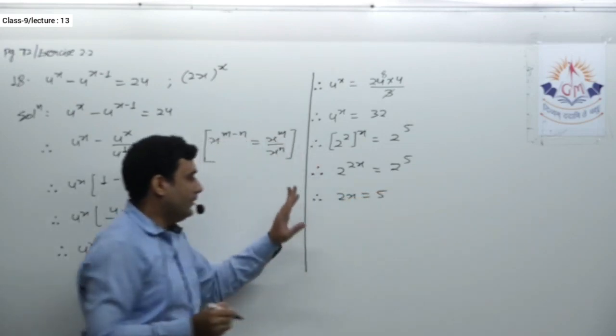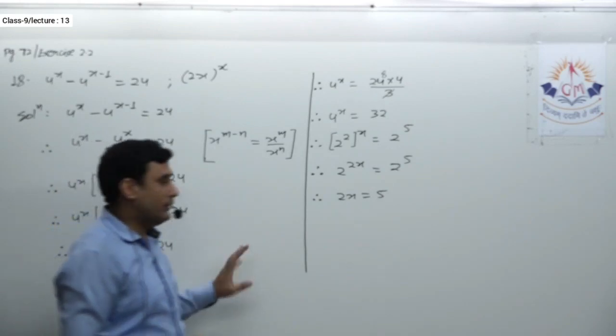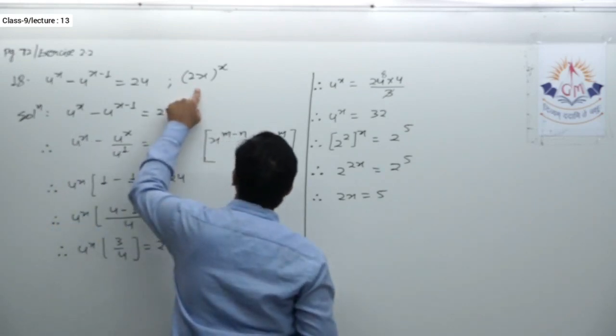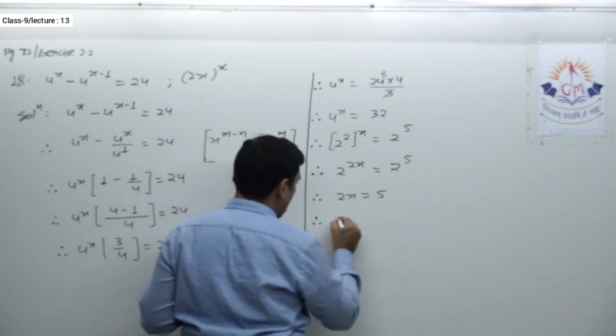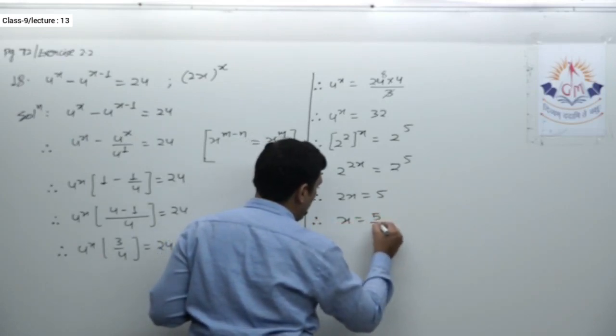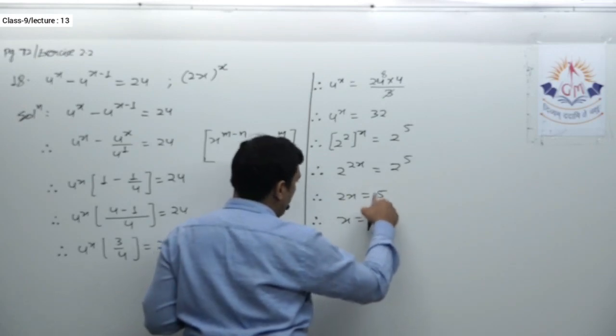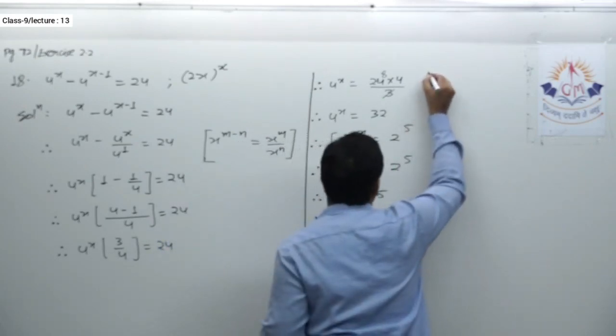It means when the bases are the same, I can say the powers will be equal. Now what I need is 2x raised to x, that means I need x. So here I can say x is equal to 5 upon 2. So I have the value of 2x as well as the value of x.